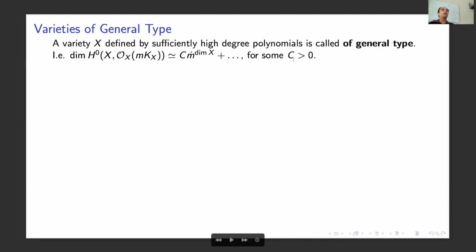Again, I'm not going to use this language much in the future. I just wanted to give a precise definition of what general type means.